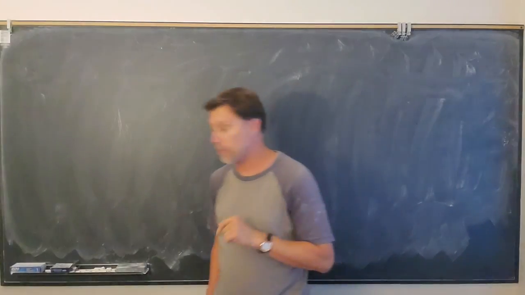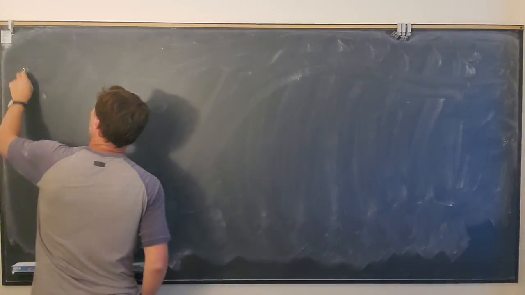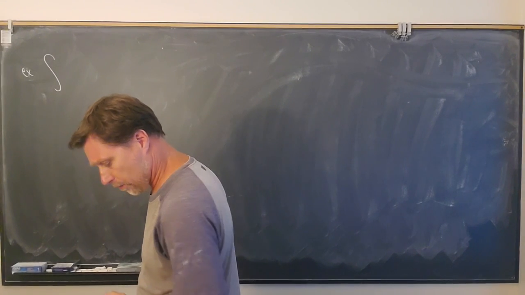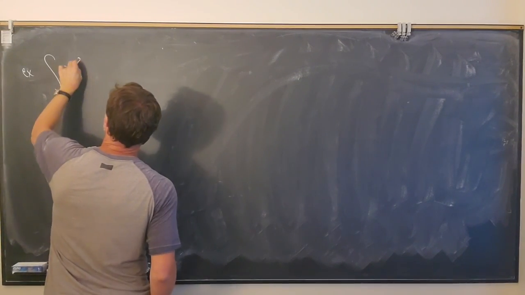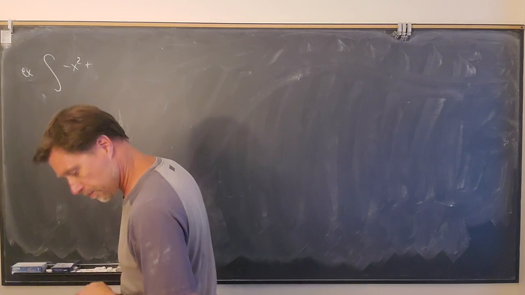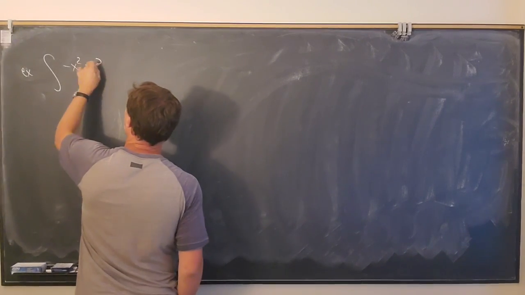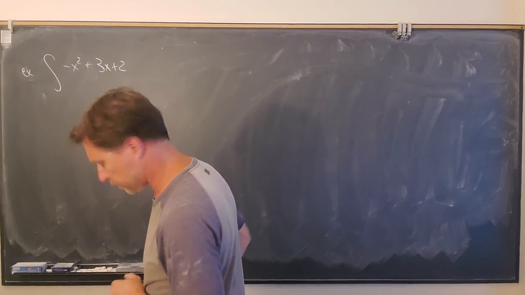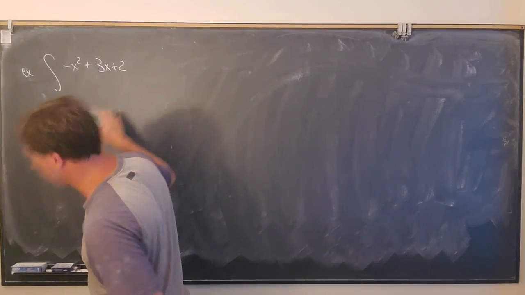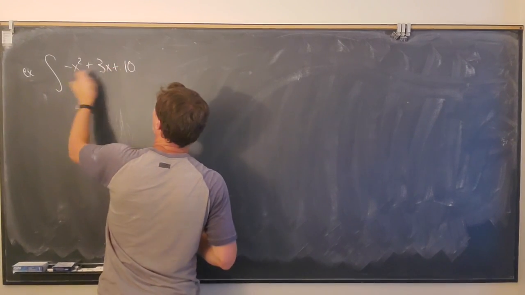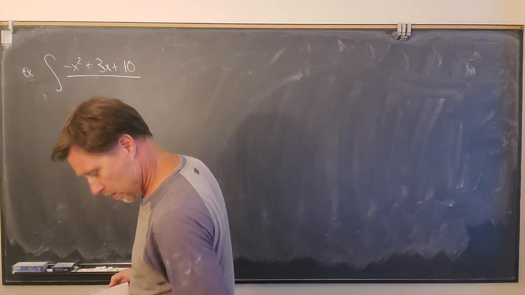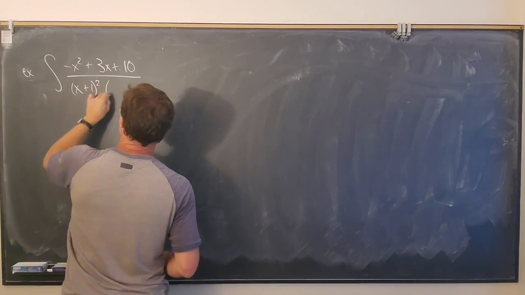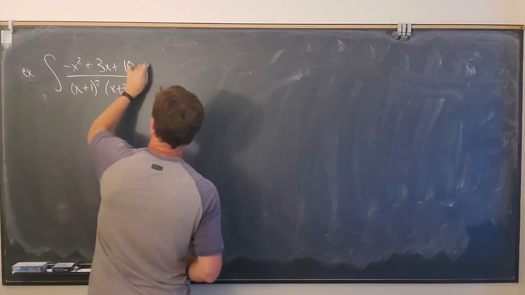So let's do one more example. And in this case, I'm not going to go through every step, but I want to compute the integral of negative x squared plus 3x plus 10 divided by x plus 1 squared times x plus 3.